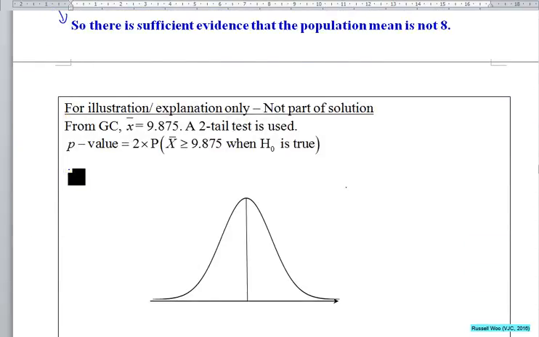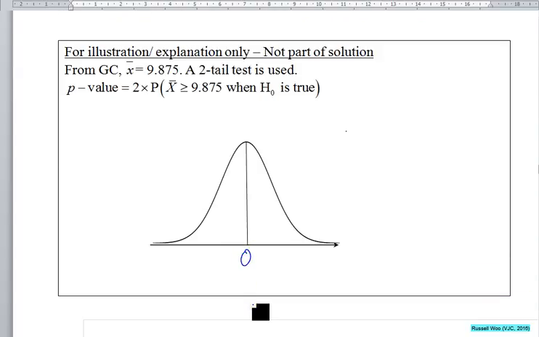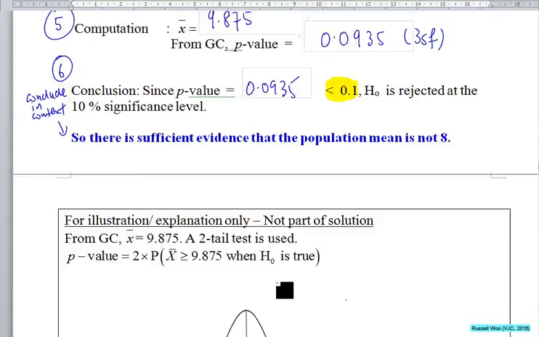I don't know whether you recall. When I introduced p-value, I said p-value is the probability of obtaining a value as extreme as the observed value of x. Now, let's look up here.